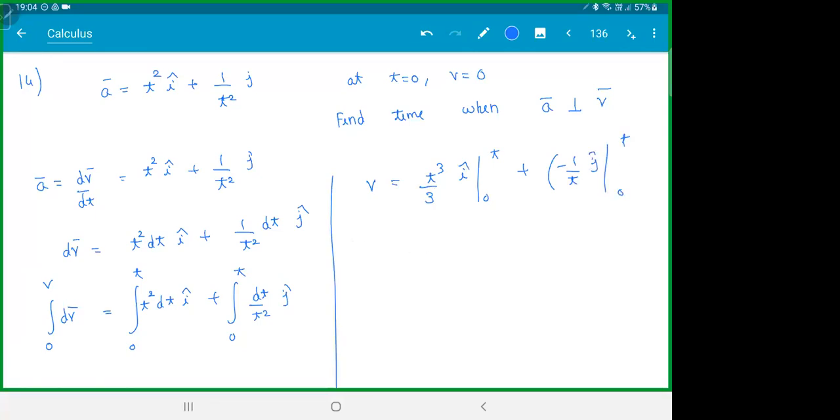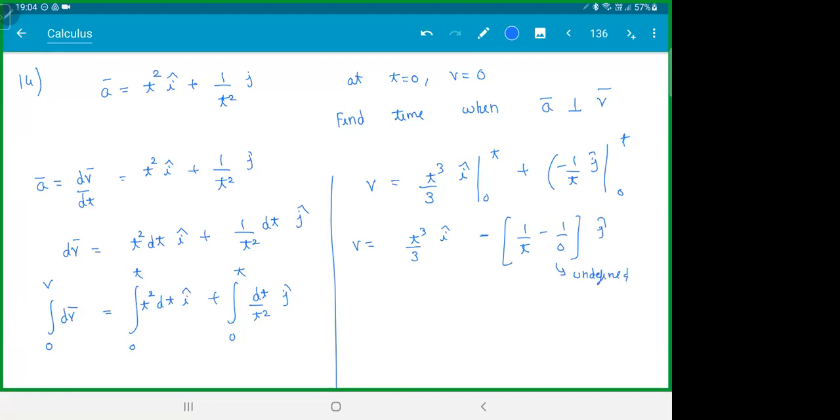Now look, this was the goof up actually. So this will be t cube by 3. There is no problem. This would be 1 by t minus 1 by 0 j cap. This is gone, no? Understood what we did? That was a mistake actually. This is undefined.